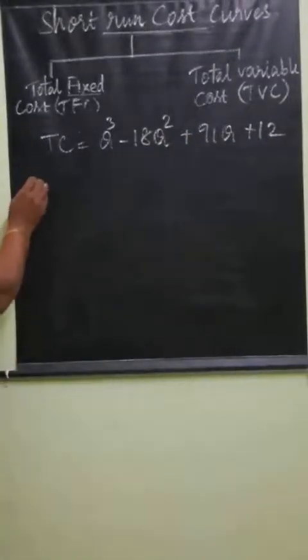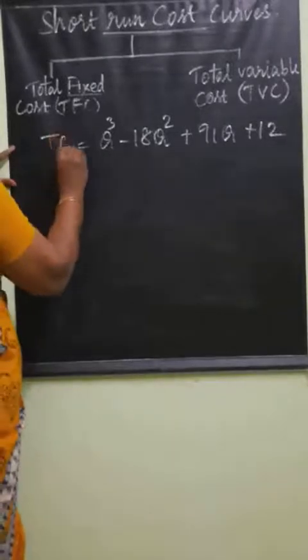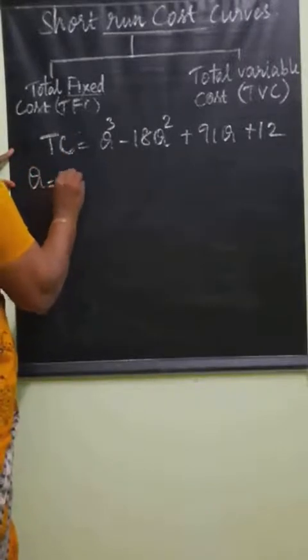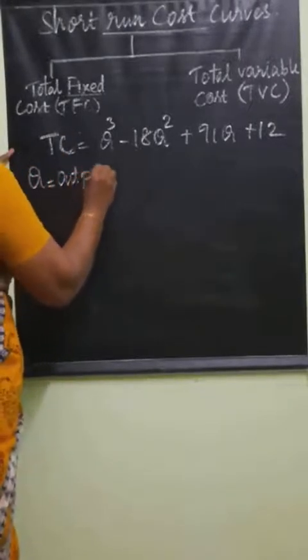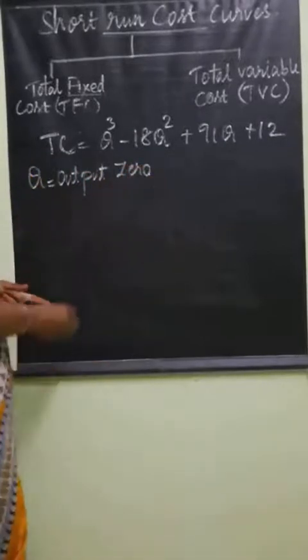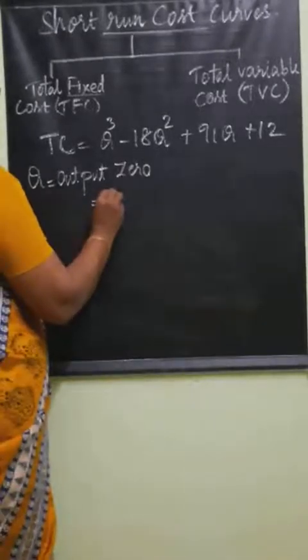If the total cost is... if the output is 0, if there is no output, Q is 0, what is the total cost? Q means 0.